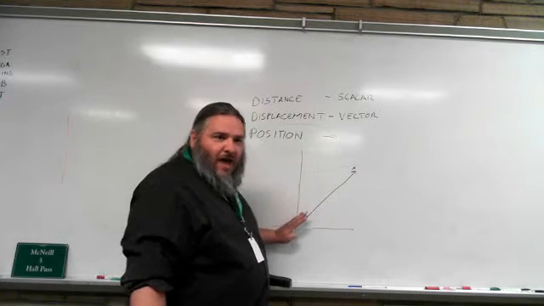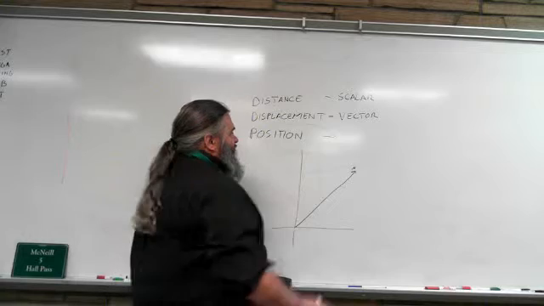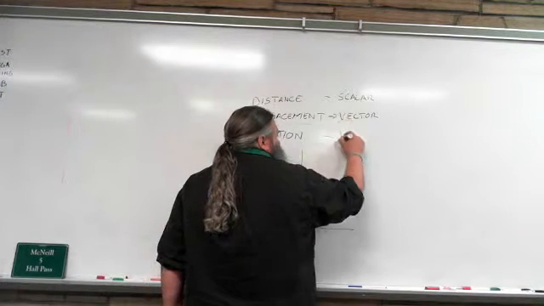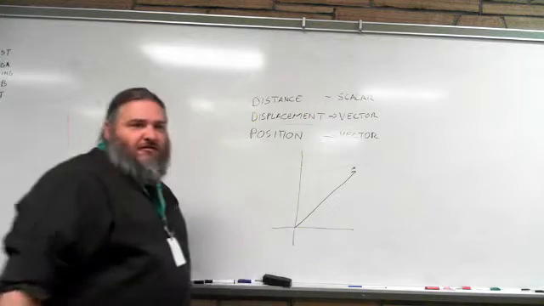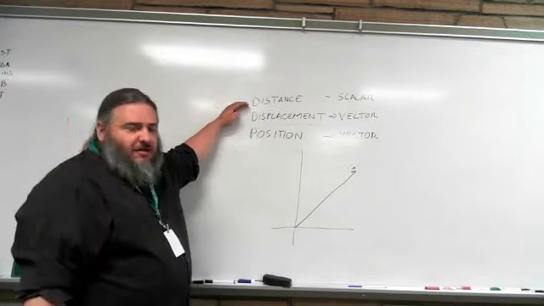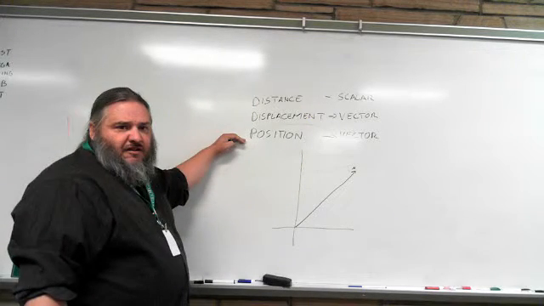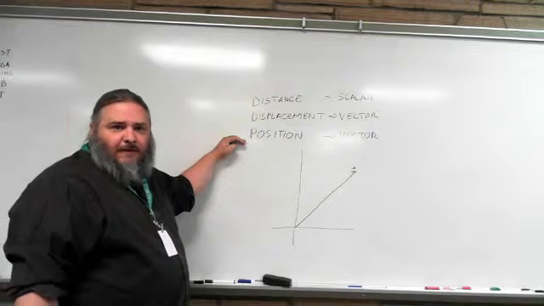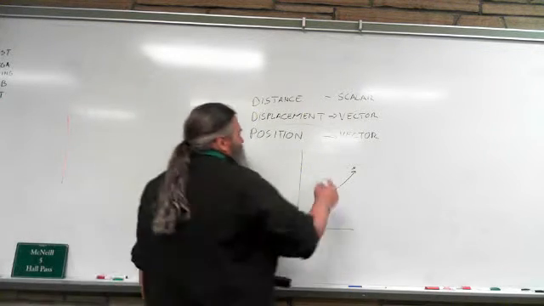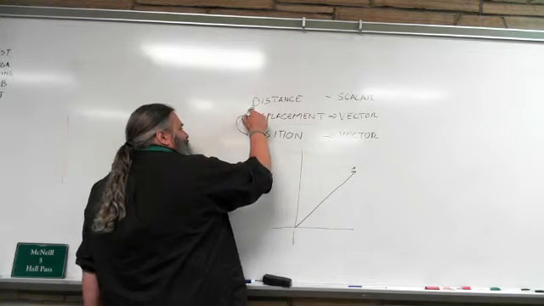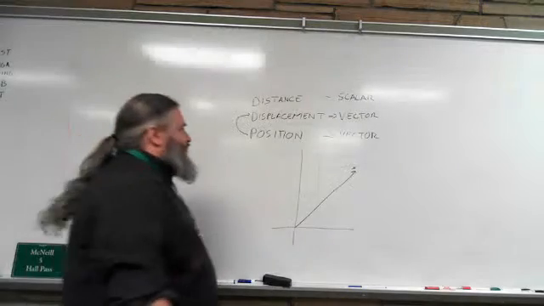So also it has a direction dependency. So things that have direction are referred to as vectors. So distance had no direction. Displacement and position both have direction. Cool? The alternative definition of displacement relates it to position.